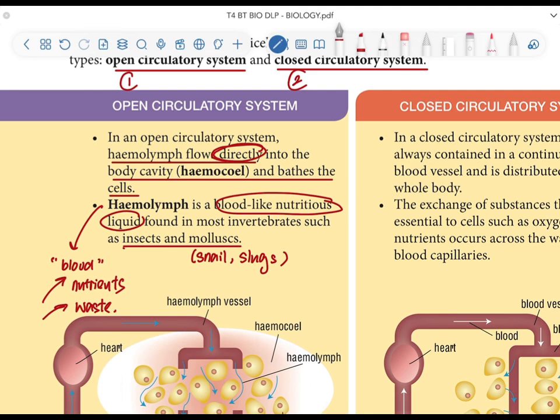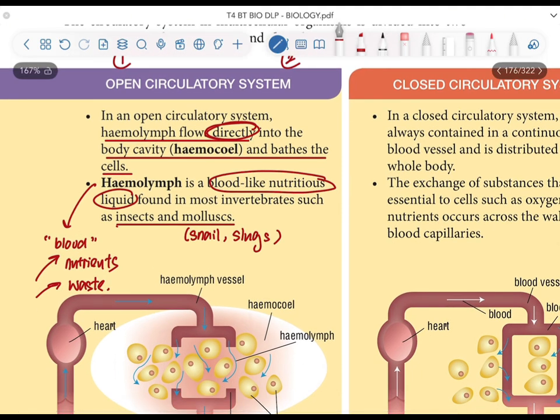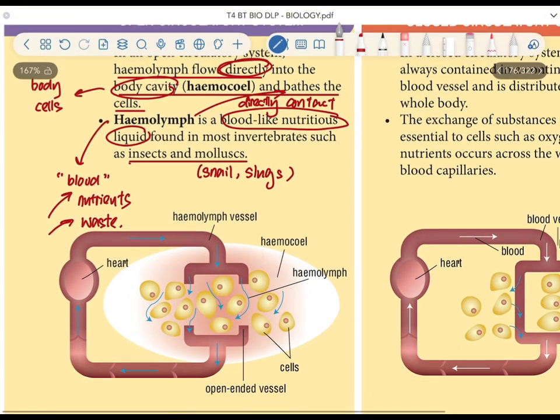While I'm teaching, you can also make your own notes to understand more. The body cavity, we can assume it as the body cells. In the open circulatory system, we call the body cavity the hemocoel. This hemolymph is directly in contact with the cells.